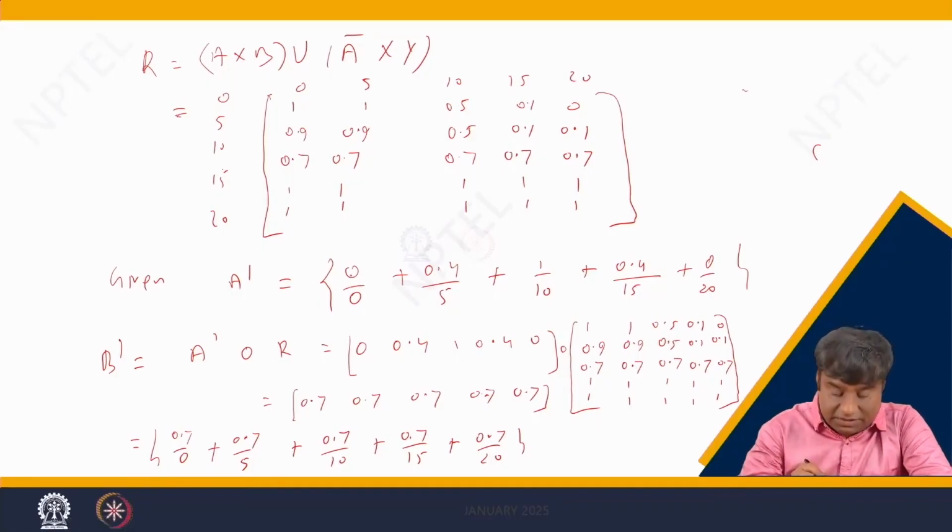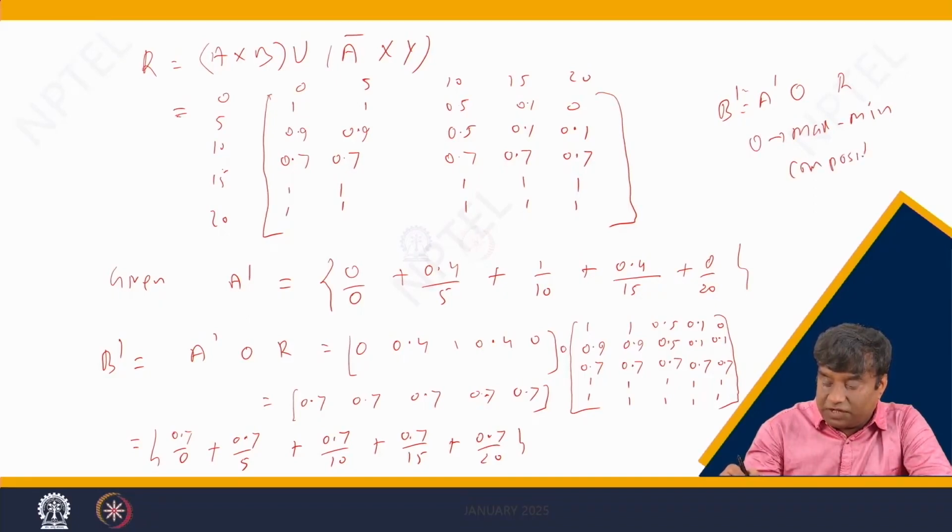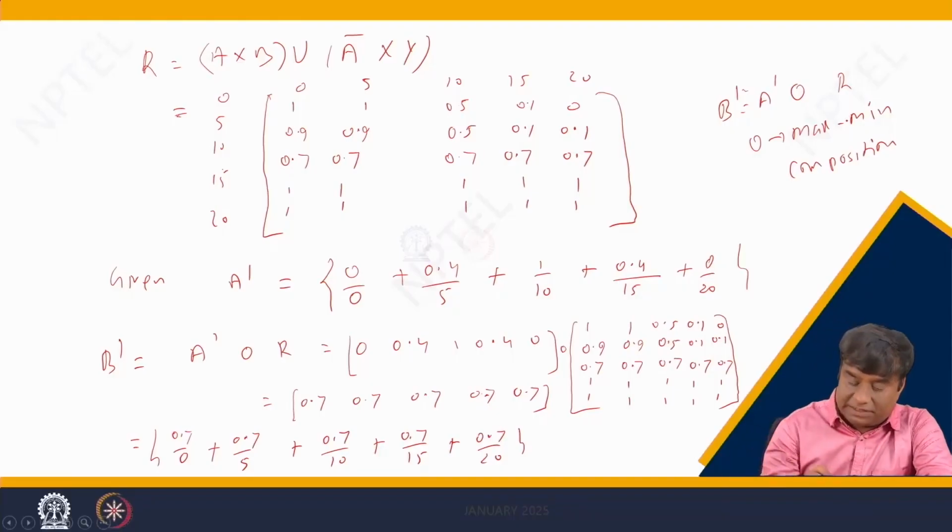The given A dash is 0 by 0, 0.4 by 5, 1 by 10, 0.4 by 15, 0 by 20. So here the value of B dash will be A dash max-min composition R, where this circle represents max-min composition. First we find the minimum value, then we find the maximum value.